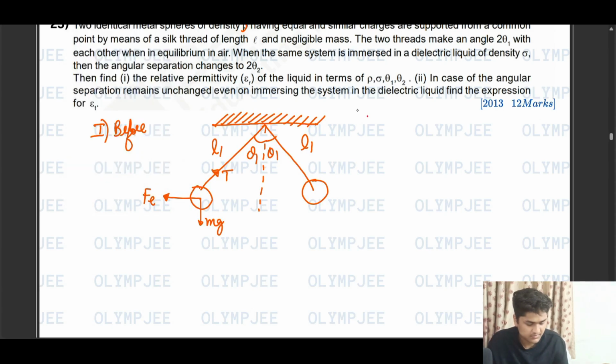Writing the equations of equilibrium, we have T sine theta 1 is equal to kq square by r square.